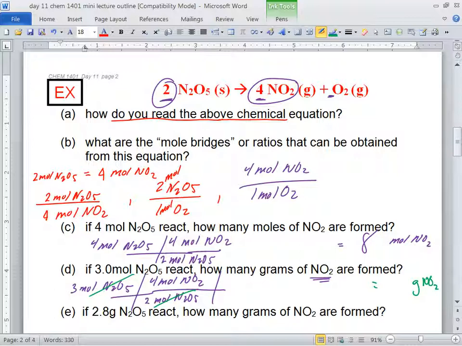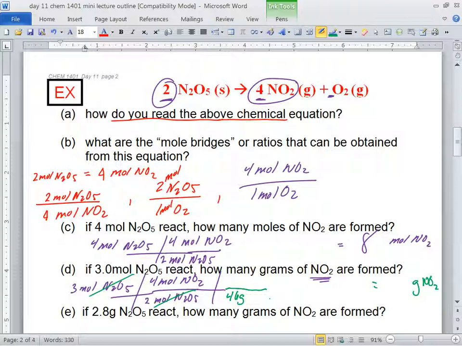So nitrogen is 14, and 2 oxygens, that's 32. That should be like 46. So the 46 grams, Enrique, is going to go on the top or the bottom? On the bottom makes sense? See how the units won't cancel?